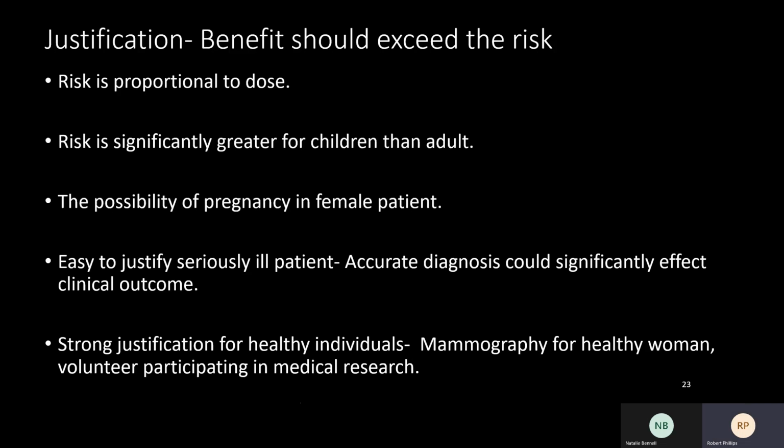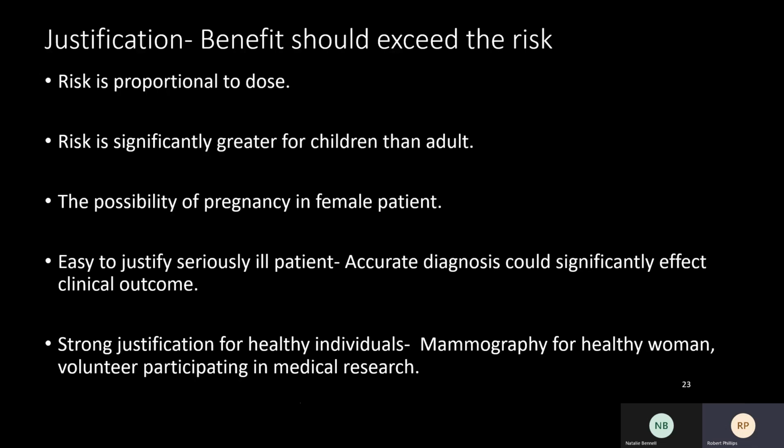There are a few conditions we have to understand. The first one is, as I've already told you, that risk is proportional to dose. We have to always remember that. Second, risk is significantly greater for children than adults because of growing tissues. We should always rule out the possibility of pregnancy in female patients in the reproductive age.